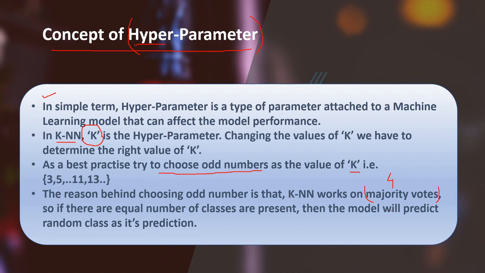Then what should the model give you as a predicted class? You never know. Then it would choose randomly either of the classes and give you the prediction. So the performance will degrade. So always remember, try to choose odd numbers as the value of k.